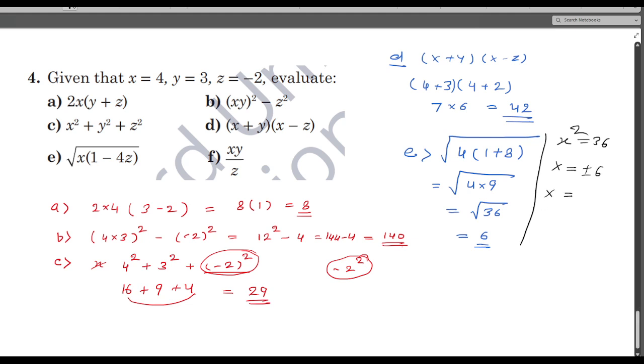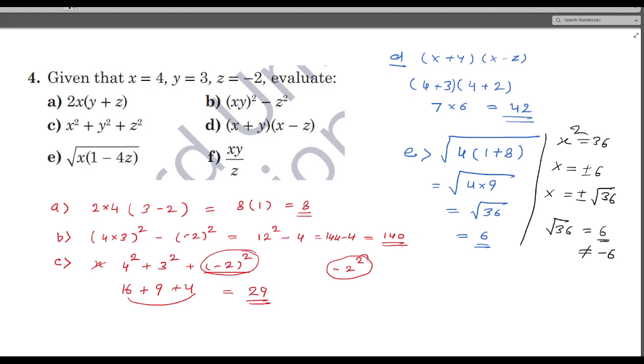But if you are writing in terms of square root, the square root of 36 is always going to be 6 only and not minus 6. This is a technical point, which if you understand, very good.